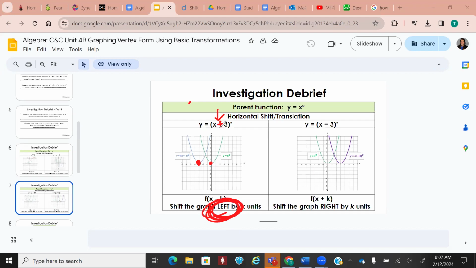Our heads go, hey, it's negative, it's going to go left. Nope, not on this one. If we have minus 3, it's going to move right. Again, we need to make sure that we're comfortable with this notation. This is saying we're going to move left k units. This is saying we're going to move right k units.